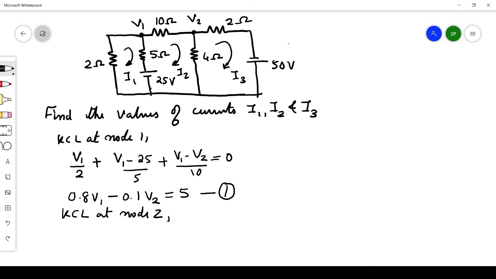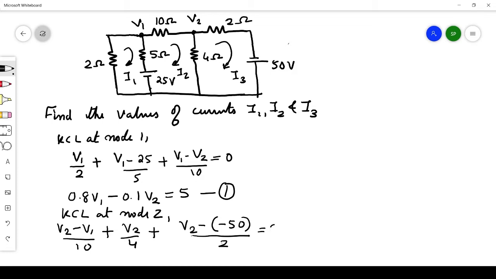KCL at node 2: the current through 10 ohm is V2 minus V1 upon 10, plus the current through 4 ohm, that is V2 upon 4, plus the current through the 2 ohm resistor. Since this voltage source is in the opposite direction to the current, we have to take a negative sign there, so it is V2 minus 50 upon 2.